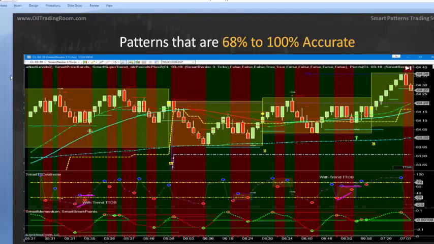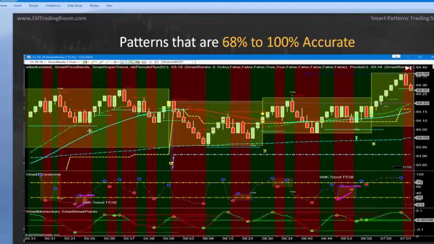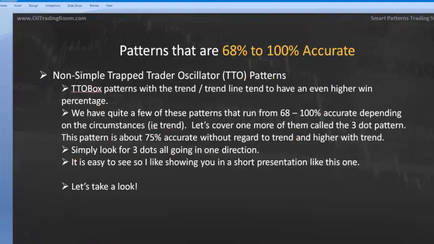I'm going to show you how these work out on a chart where you're going just with the trend. I think I've got one of those in here for you as well. So, excuse me, the box patterns with trend, you can do them with the trend, and the trend line that I just pointed out to you will have an even higher win percentage.